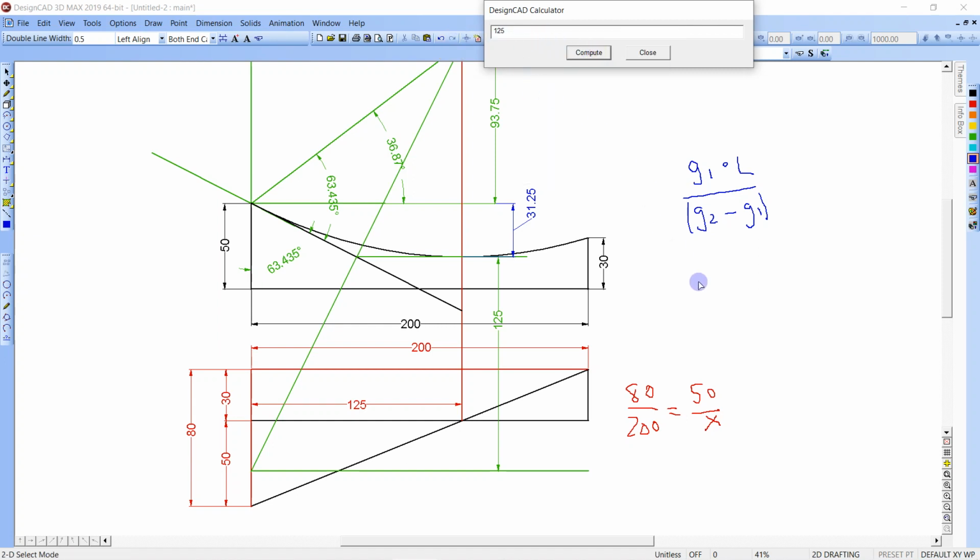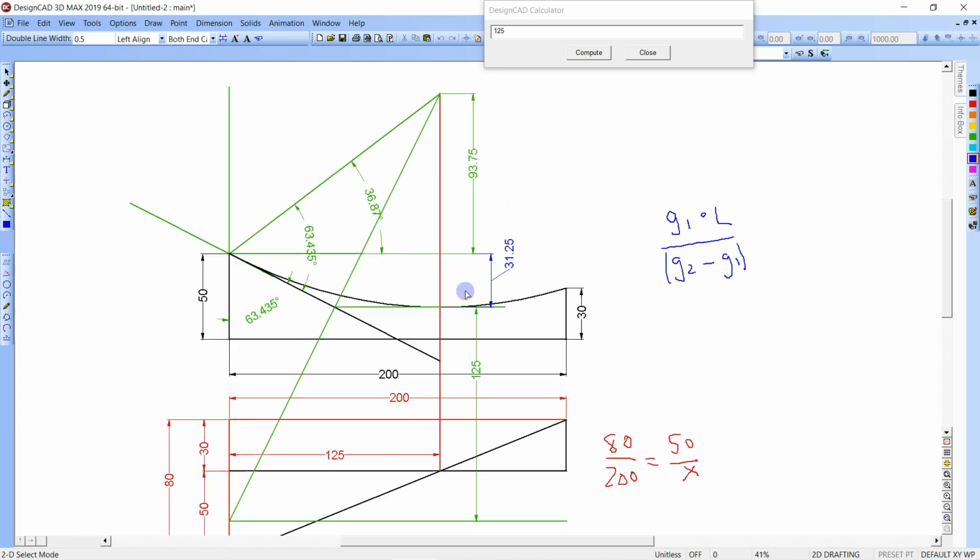We get the 125. So that's what you would want to do. Well, I don't remember the formula for the y coordinate of the origin, so this would help me in a test, I guess.